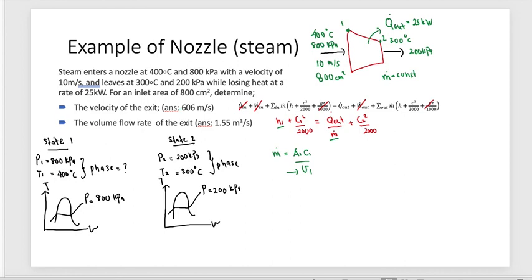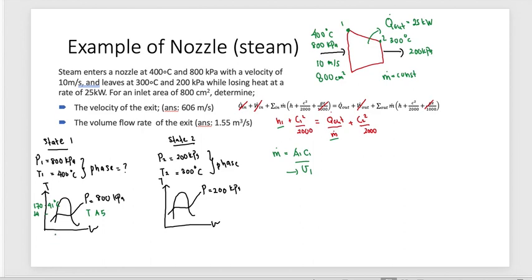Okay, so have a look at state 1. We have two intensive properties given here, 800 kPa and 400 degrees Celsius. I want to find the phase. You can sketch a TV diagram or PV diagram. So I choose to sketch a TV diagram, and this is the constant pressure line of 800 kPa. I refer to table A5, and from table A5 I get T saturated as 170.41 degrees Celsius.